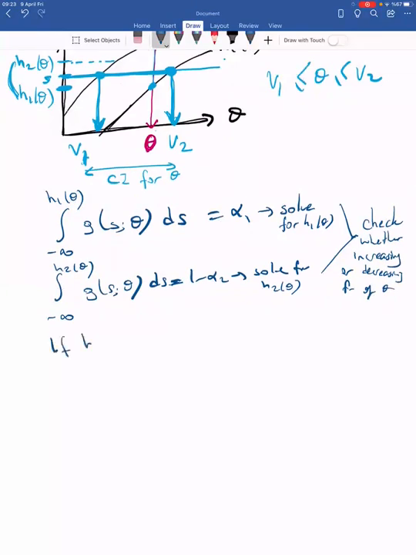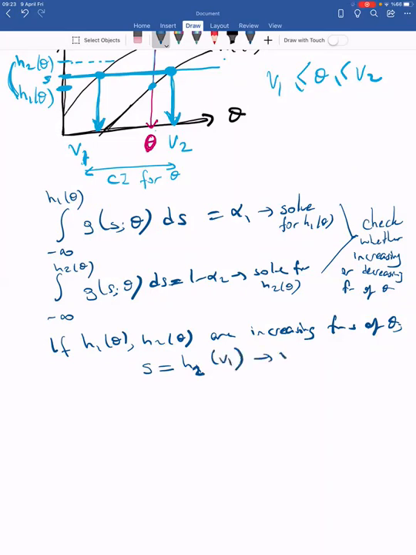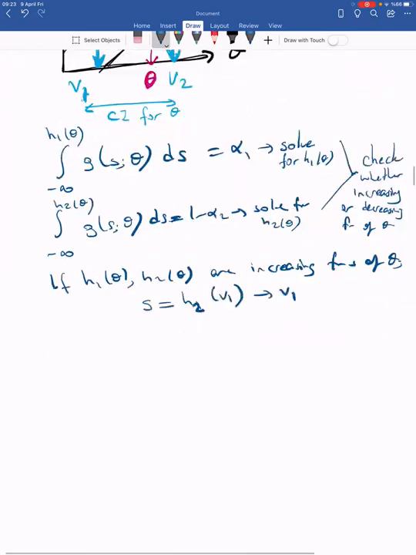If h1 theta and h2 theta are increasing functions of theta, then equate S using the upper bound for h2: replace theta by v1, and get the lower bound.